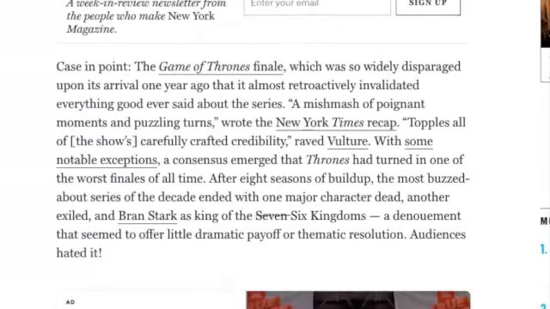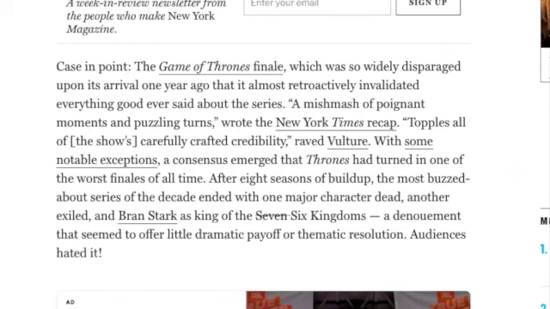And then here's where we really get to this writer's argument. We had to get through the whole first paragraph. Case in point. Case in point means I'm going to give you this example that proves what I just said. And what I just said was a subpar ending often leaves a sour taste in fans' mouths. So I'm like, oh, okay, now I know we're getting to the heart of the argument here.